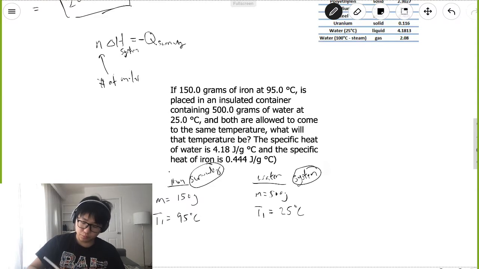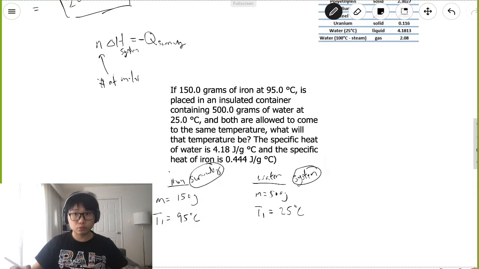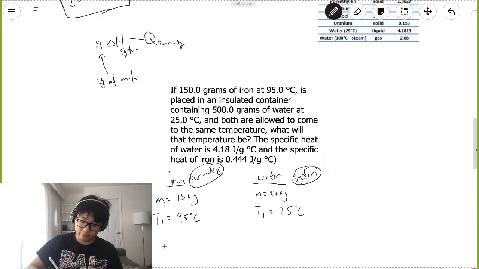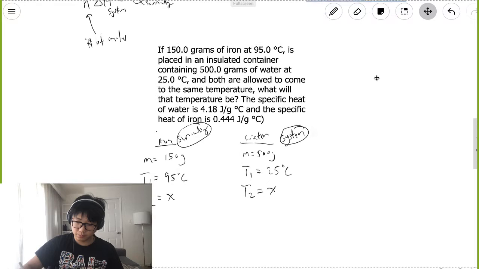What will that temperature be? We just don't know what T2 is going to be, but we know that they're going to be the same value, right? So kind of related to math, we can give that a letter. So let T2 be called x, because we're expecting them to be the same number.